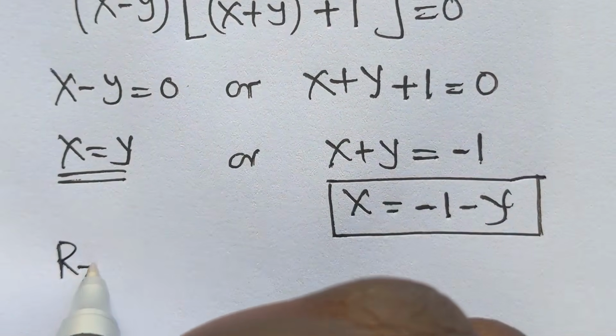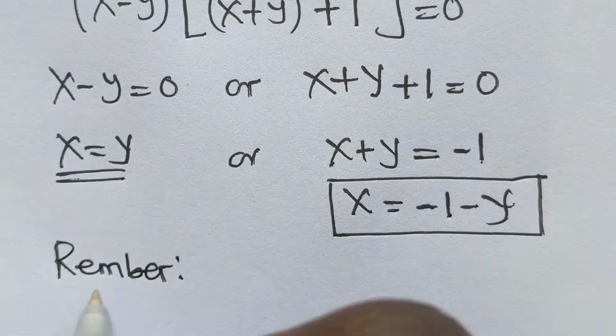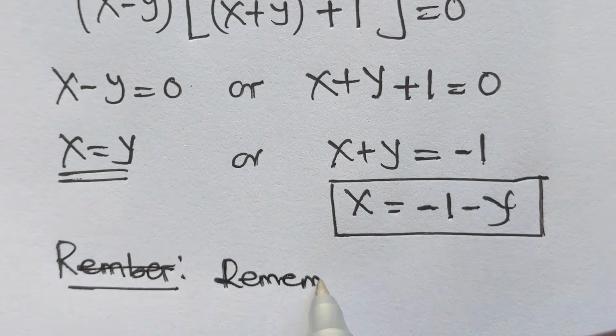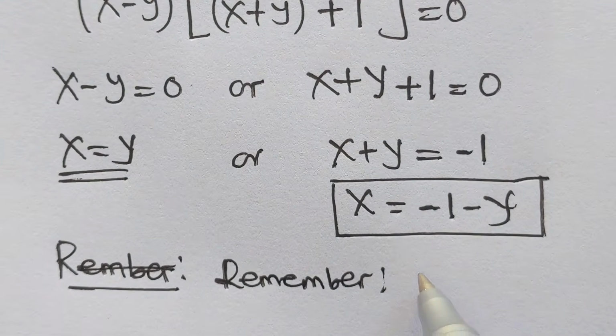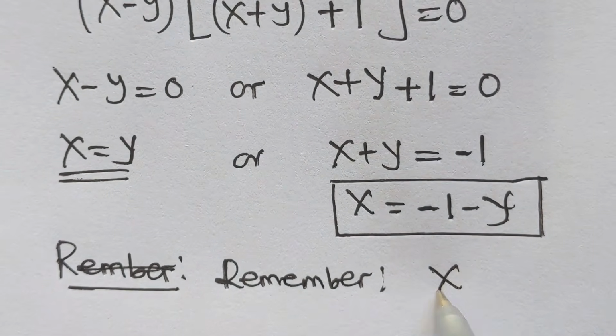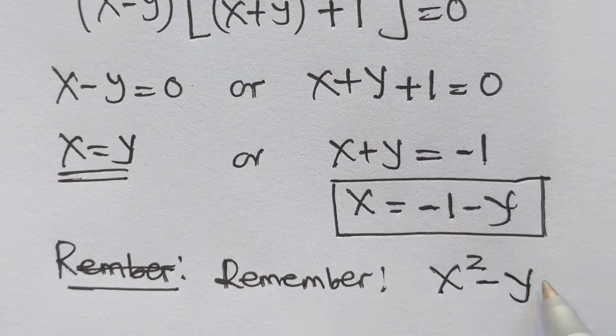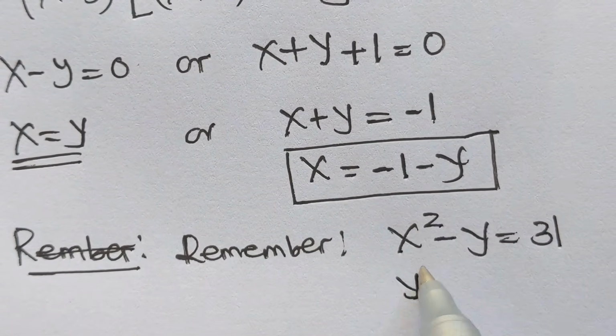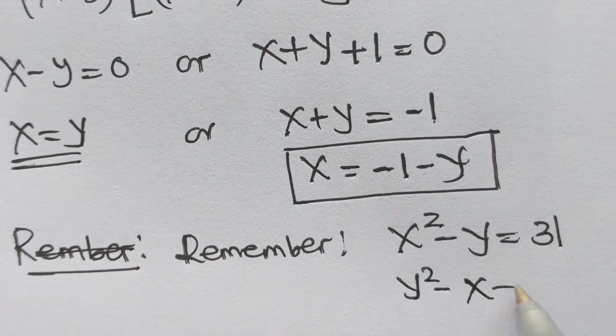And remember what we have given: an equation where x squared minus y equals 31, and y squared minus x equals 31.